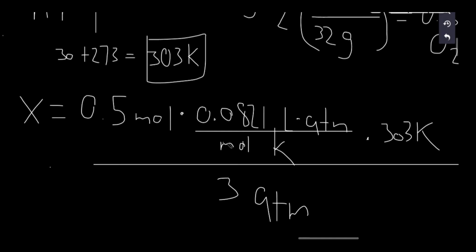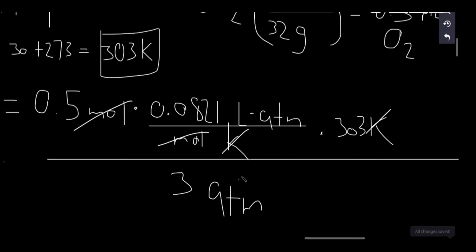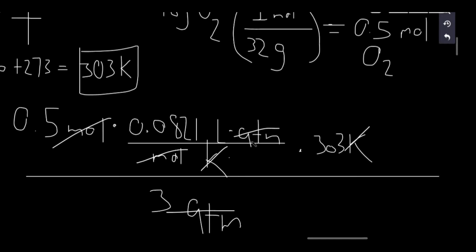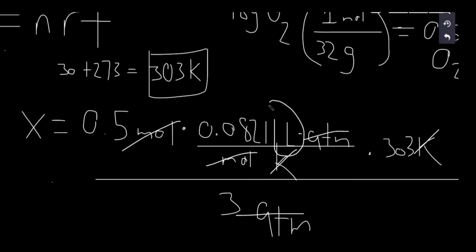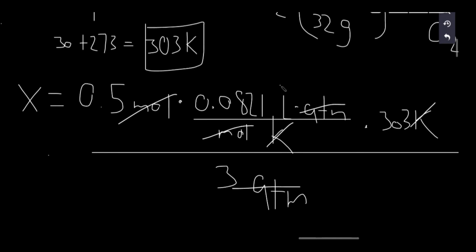Well, we can see our moles right over here. This is at the top, this is at the bottom, so they cancel out. Our temperature Kelvin, and Kelvin cancels out. Our atms cancel out. And we're left with liters. And because we're trying to find the volume of the gas, because we're left with liters as our unit, we're all good.